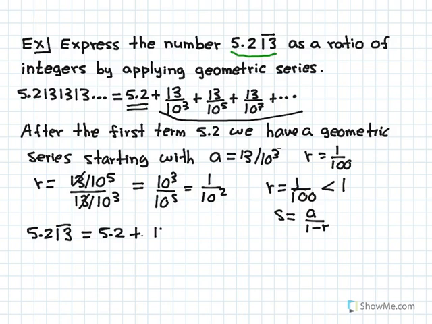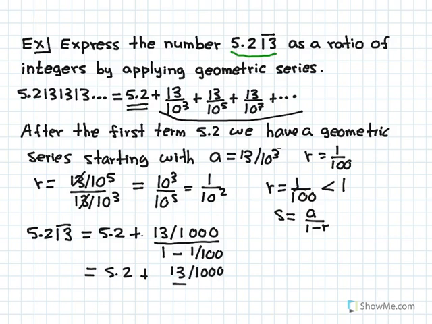So a is 13 over 1,000, all divided by 1 minus r, 1 minus 1 over 100. So this is equal to 5.2 plus 13 over 1,000 divided by 99 over 100, if we subtract 1 over 100 from 1.